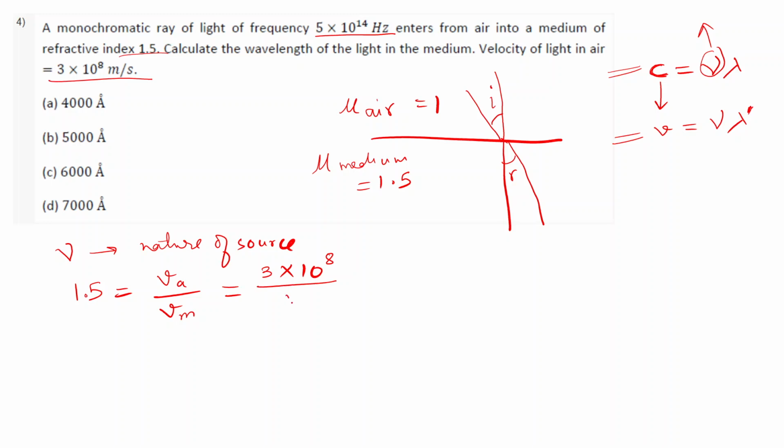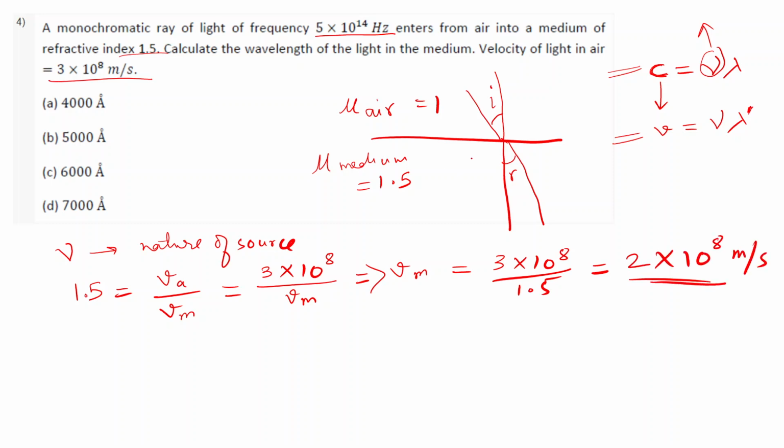Velocity of light in the medium we need to find out. 1.5 was given. From this, velocity of light in this medium will be 3 times 10 to the power 8 divided by 1.5, which will be 2 times 10 to the power 8 meters per second. This is the velocity of light when it enters this medium, which we can see clearly is less than the velocity of light in air, because this medium is denser than air.